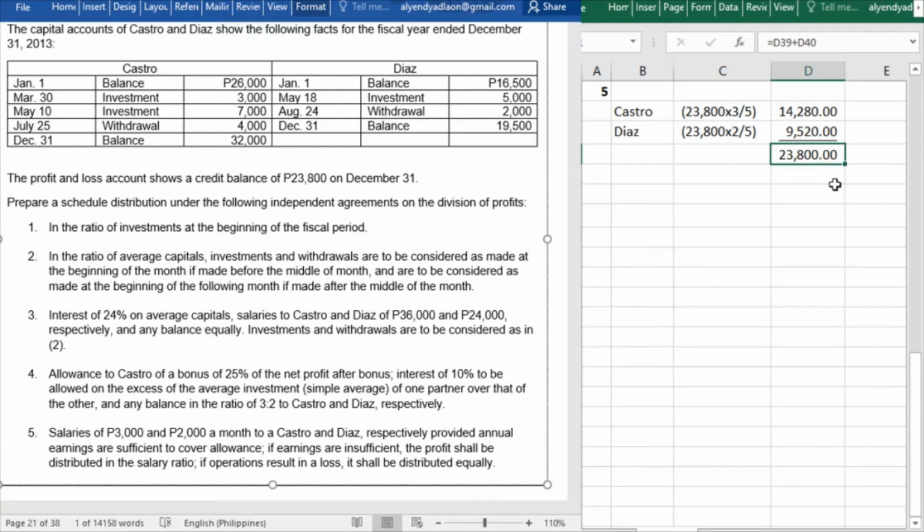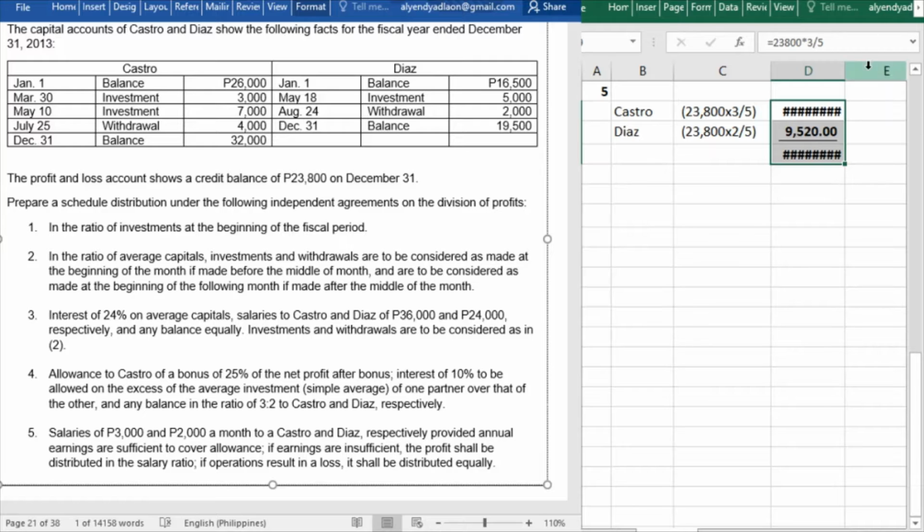So that is a total of 23,800. Now class, if you notice, this only constitutes the salary. So this means that the whole amount of the profit is being allocated based on the ratio of the salaries of Castro and Diaz. Okay, so this is the distribution.